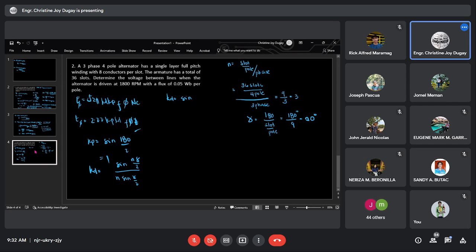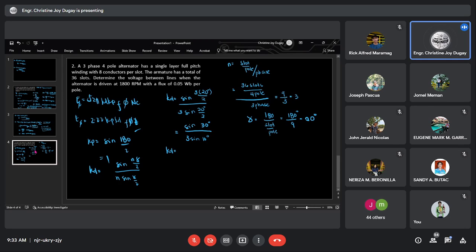Tama? So, n natin is 3 times 20 degrees, divided by 2, divided by 3 sine of 20 degrees over 2. So, that is equal to sine of 30 degrees, no? Divided by 3 sine of 10 degrees, no?